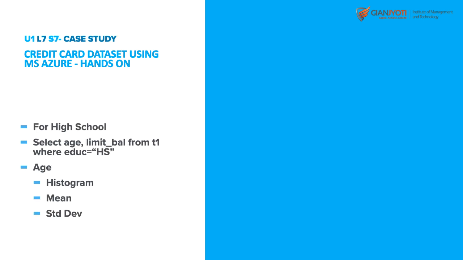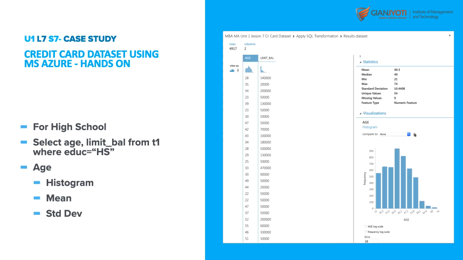Now, we would like to analyze the SQL queries that we gave for high school. We just extracted the data of high school, where we said we are interested to see age, limit, balance, where education is high school. So let us look at the results now. Out of 30,000, the people with high school education are 4,917.